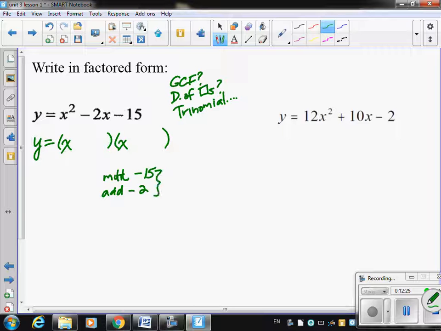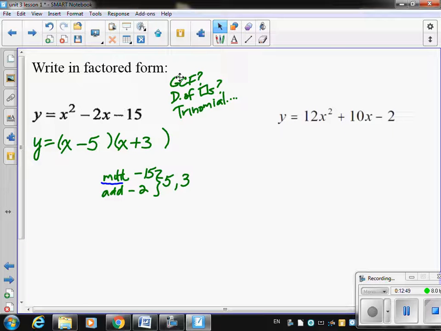My 2 numbers are going to be 5 and 3. My only choice would be 1 and 15, because I'm always brainstorming multiplication first. One of them has to be positive and one of them has to be negative. And if I want to add to negative 2, the 5, the larger, would be negative. So x subtract 5, x plus 3, is factored form, and they're both equivalent.